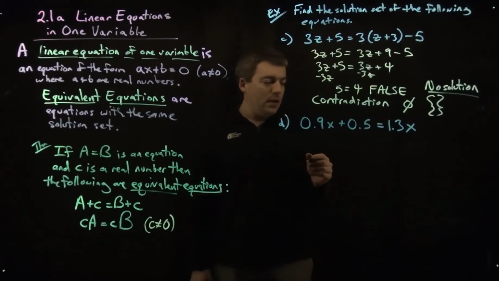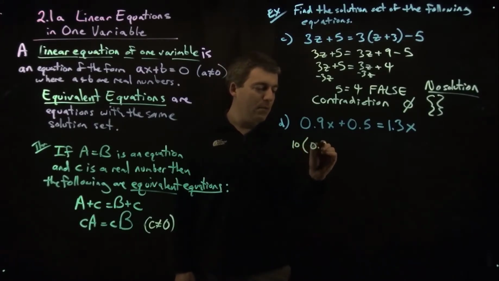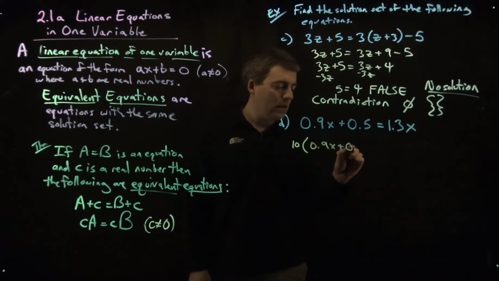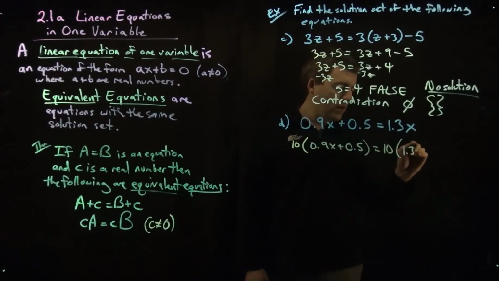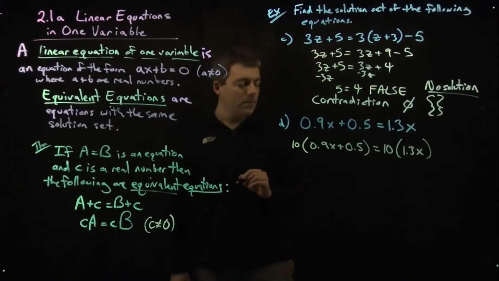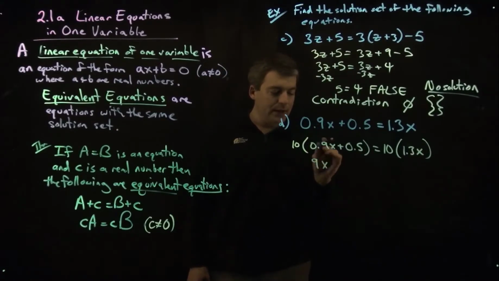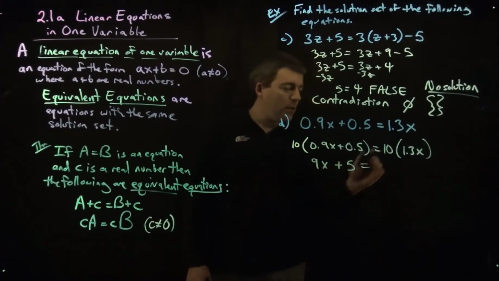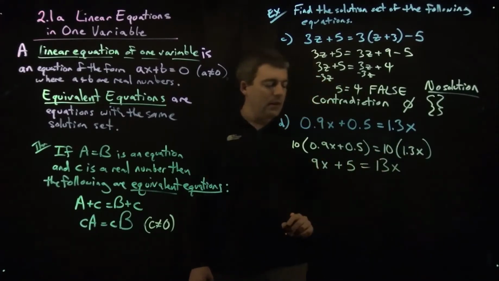So let's do that. We're going to take 10 times both sides. 10 times 0.9 is just 9, so 9x. 10 times 0.5 is 5, so we have 9x plus 5 equals, and then 10 times 1.3 is simply 13x.